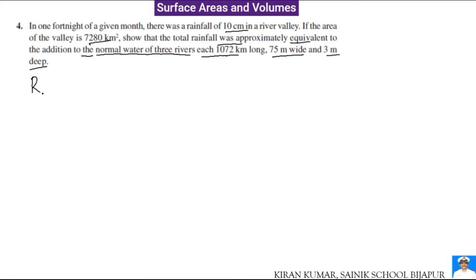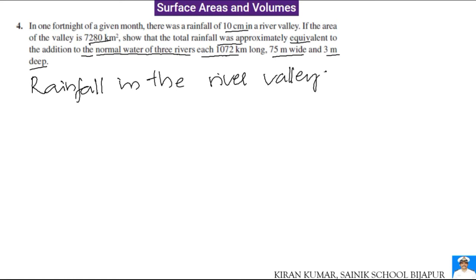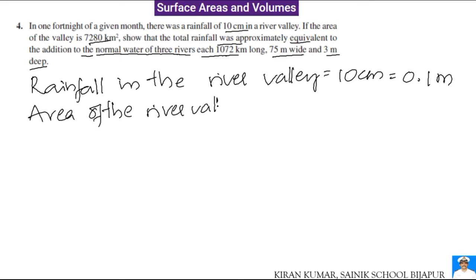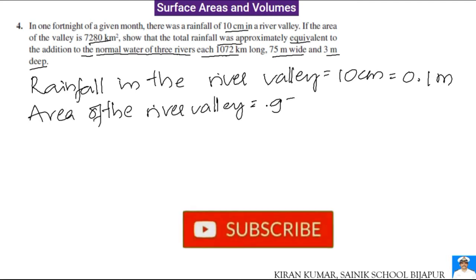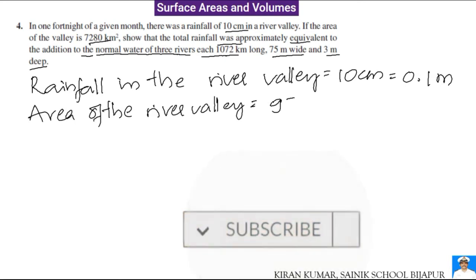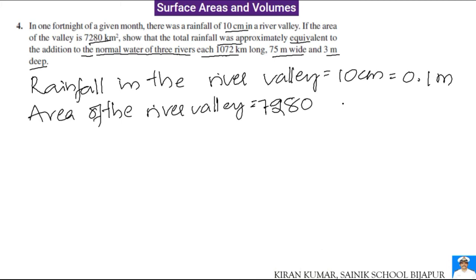Here they have mentioned the rainfall. So the rainfall in the river valley is 10 centimeter. In terms of meter, it will be 0.1 meter. They have given the area of the river valley. It is 7280 kilometer square.